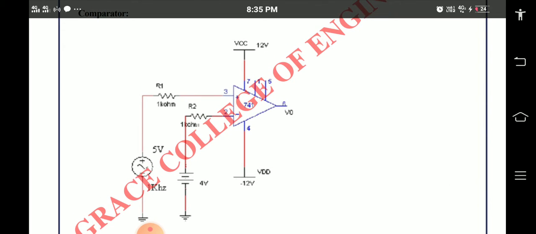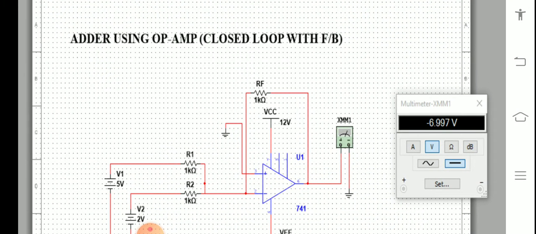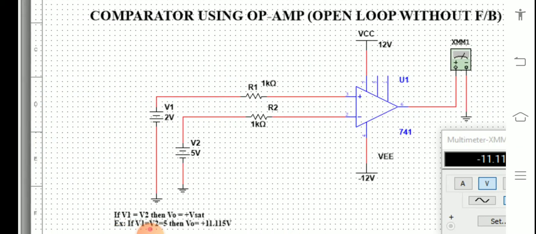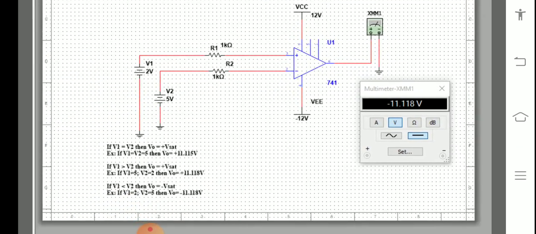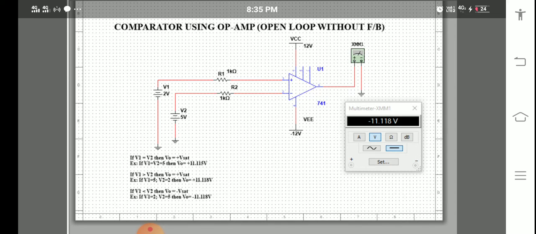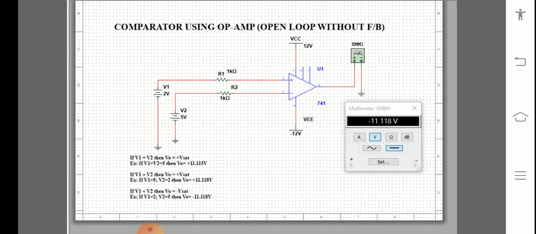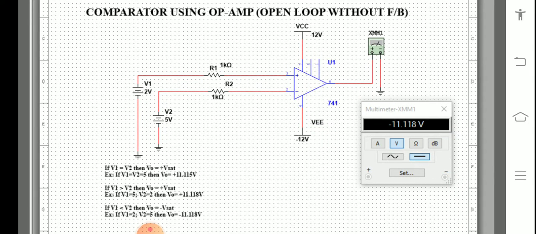In order to get the concept, I'm going to the Multisim software. You can construct the circuit diagram in your IC trainer kit with the help of the 741 IC manually. Here I construct the comparator circuit with the help of your op-amp, as per the circuit diagram in the manual, in our Multisim software.